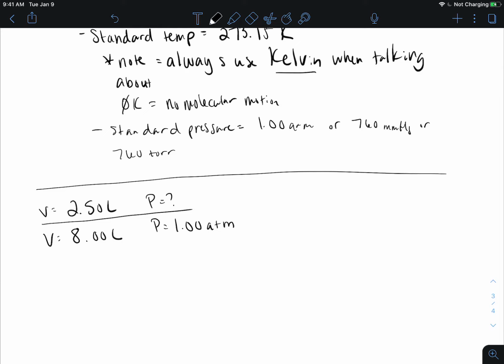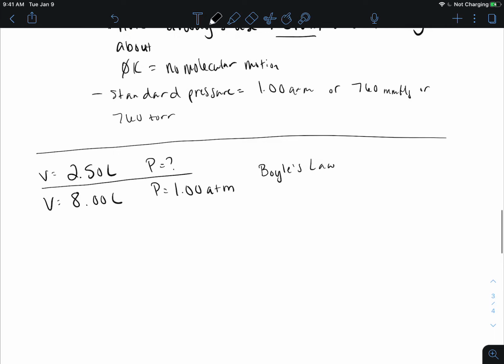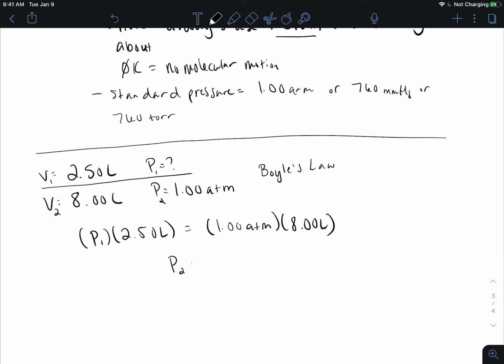So if we're just talking about pressure and volume, we are talking about Boyle's law. So this is our V1, our P1, our V2, our P2. We just plug and chug. So P1 times 2.50 liters is equal to our P2, 1.00 atmospheres, times our V2, 8.00 liters. Calculate this out, we get a P1 equal to 3.20 atmospheres.